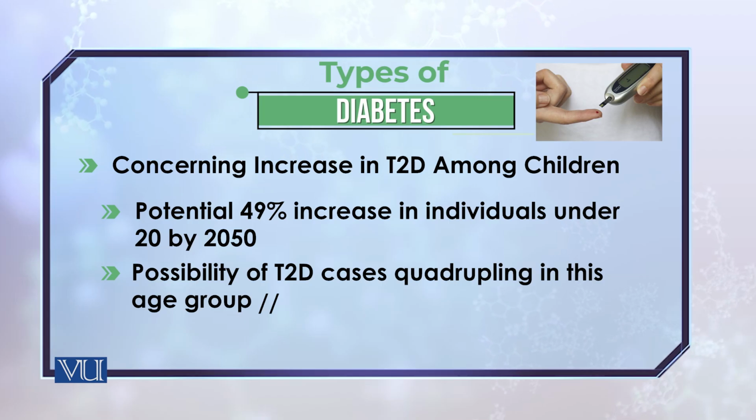I mean, 4 times it will be increased by that time if we don't tackle this menace of our age. This is really something the whole medical community, not only the medical community, at the public level also, everyone should take very seriously.